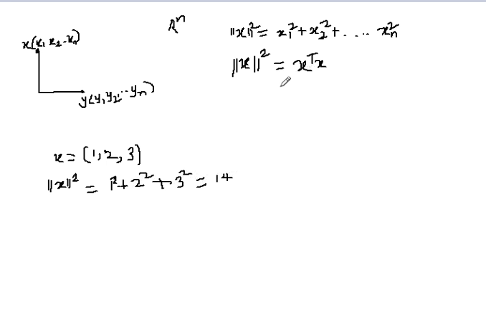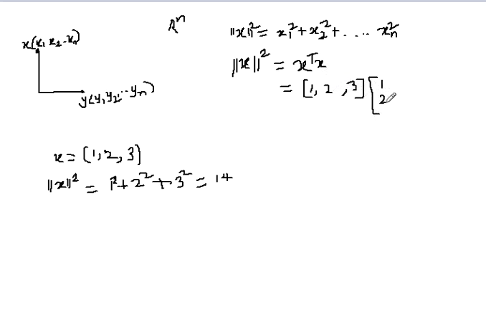Similarly, we can check it here with x transpose. Now x is equal to 1, 2, 3, which has to be written as a column, as we know. As it is a transpose, let's write it as the row 1, 2, 3, and x is 1, 2, 3 in the column.